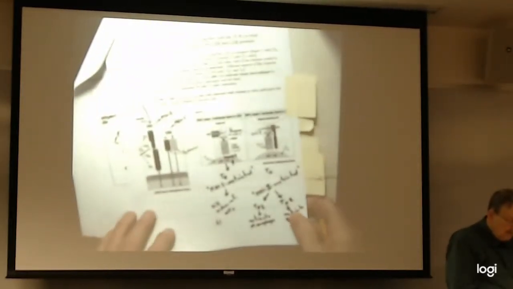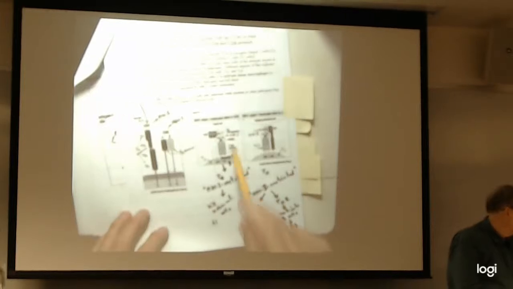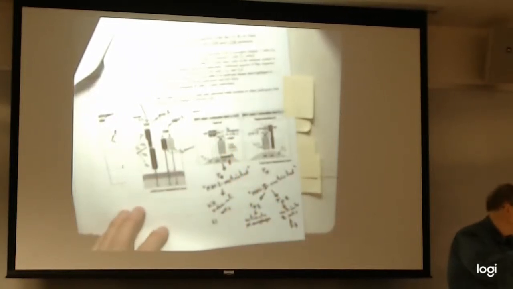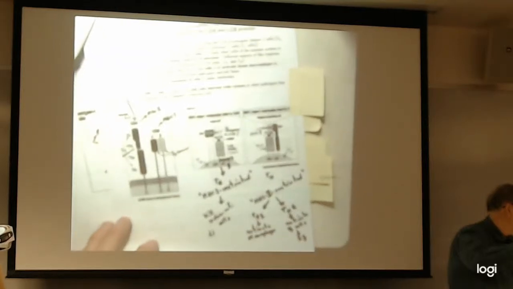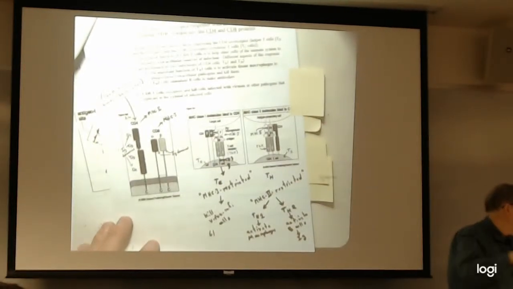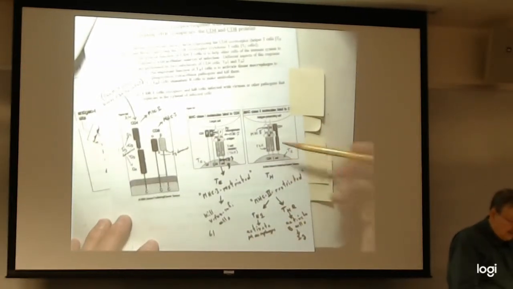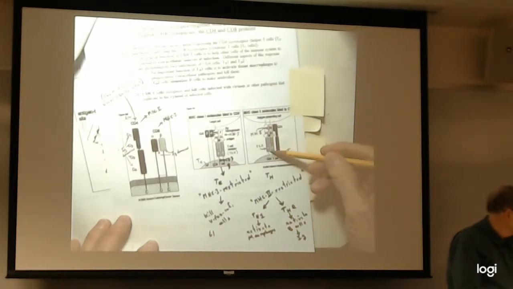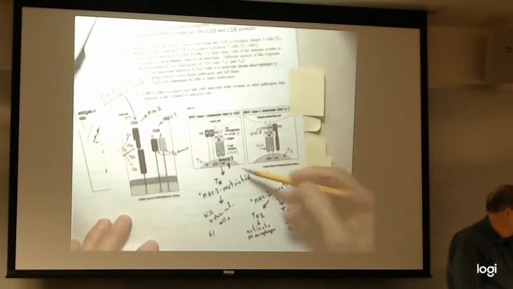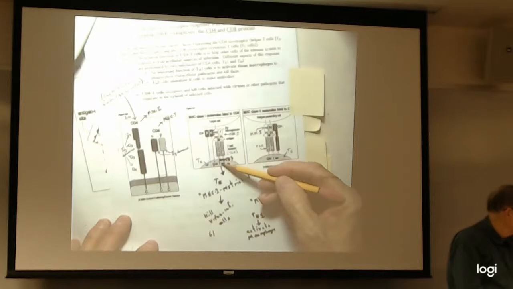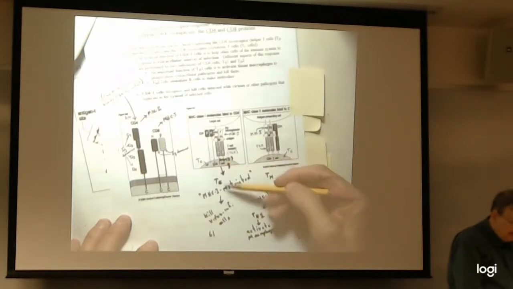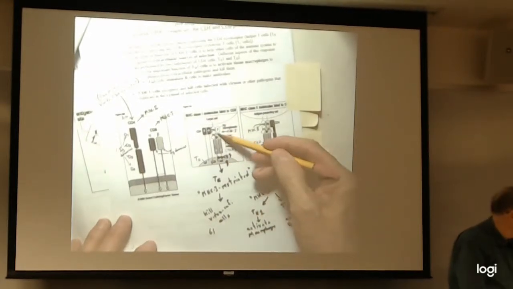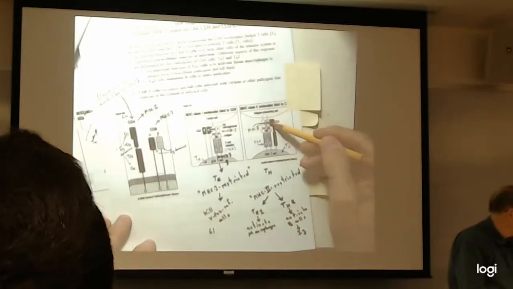And we said that there are 2 kinds of MHC molecules: class 2, which have 2 transmembrane segments, and class 1, which have just 1 transmembrane segment. I'm sorry, class 1 up here, and class 2.